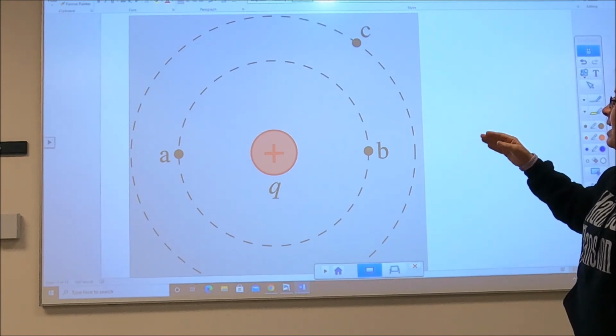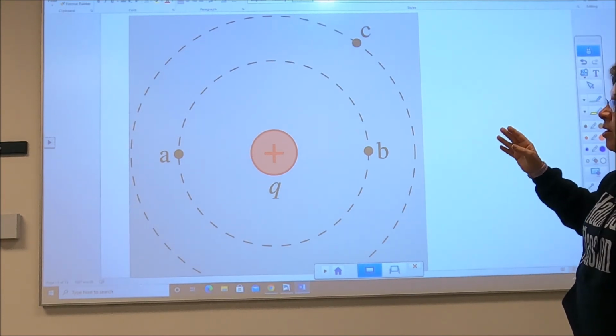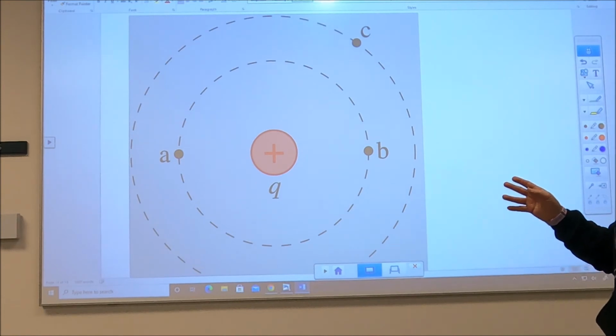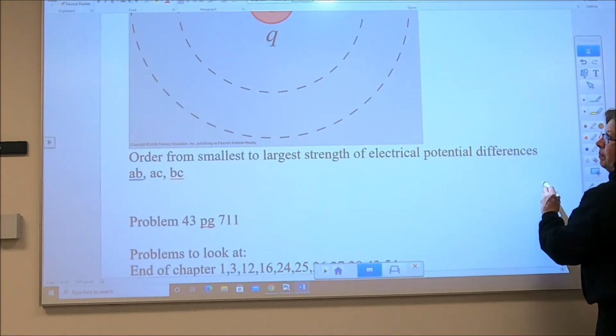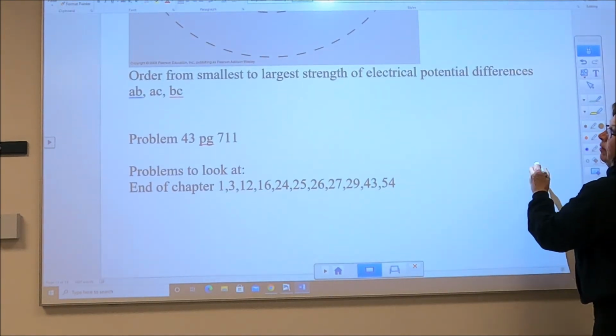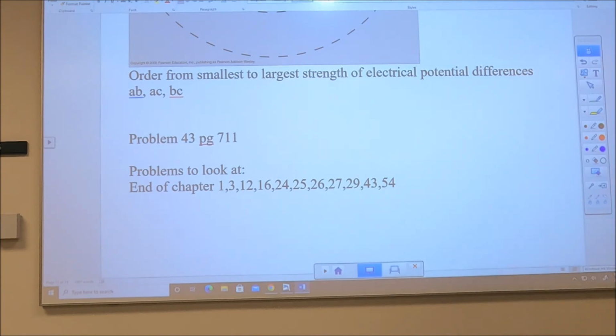Between A and C, and B and C are going to be equal to each other, and something other than 0. All right, now let's scoot it on up. So AB equals 0. AC equals BC, which is greater than 0.